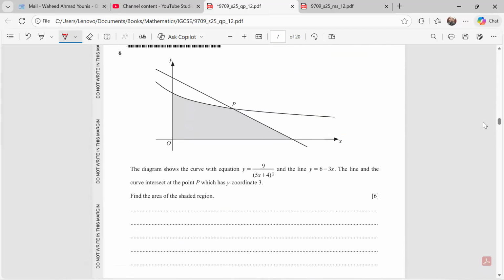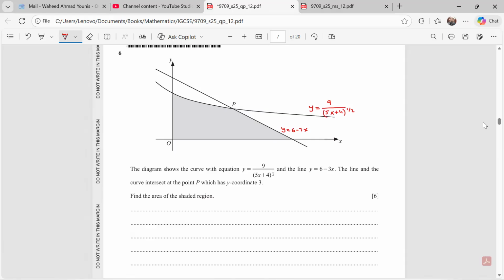Okay, so this is our question. We are given two things. One is the curve, and the equation of this curve is given as y equals 9 over (5x plus 4) to the power 1 by 2. And this is the line, which is y equals 6 minus 3x.